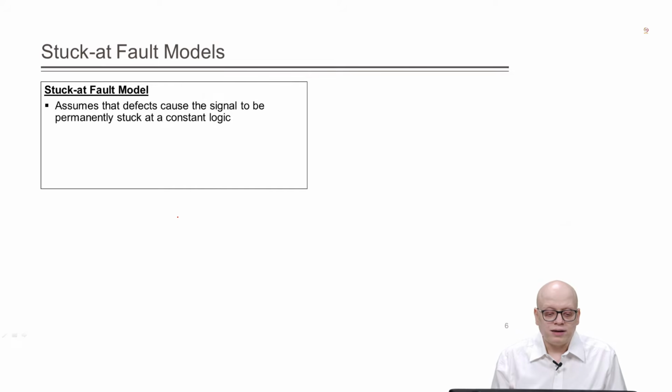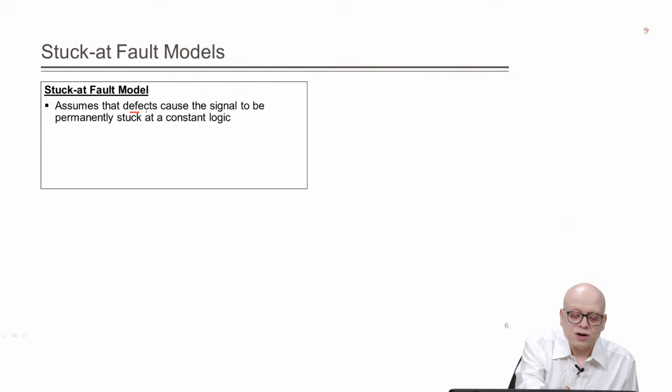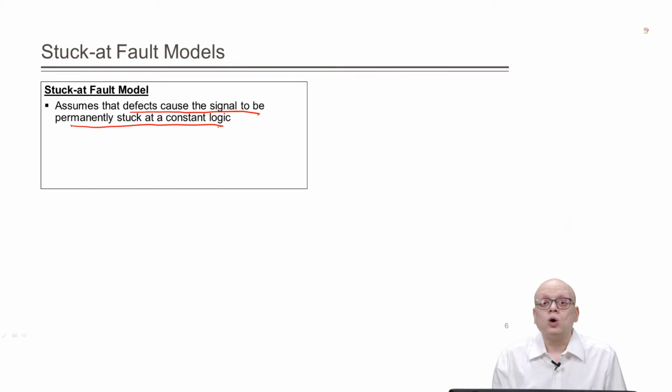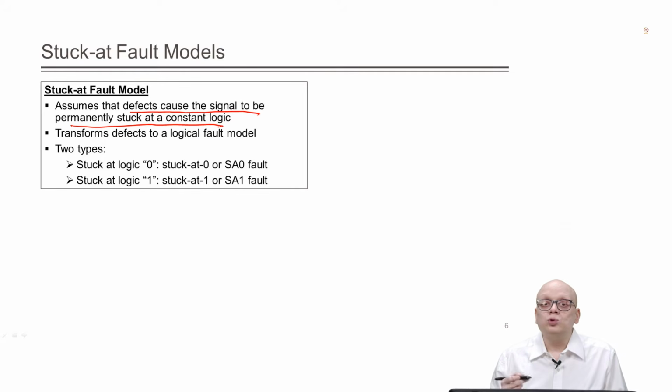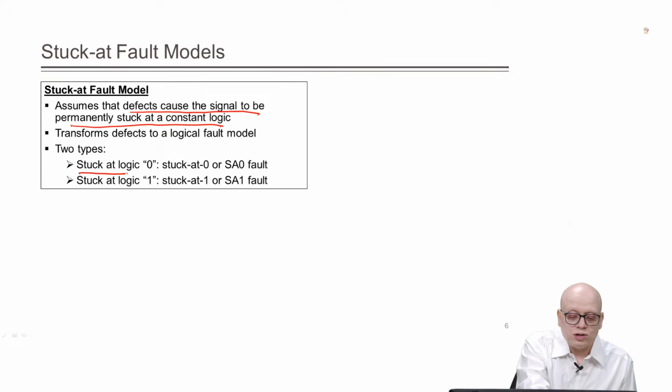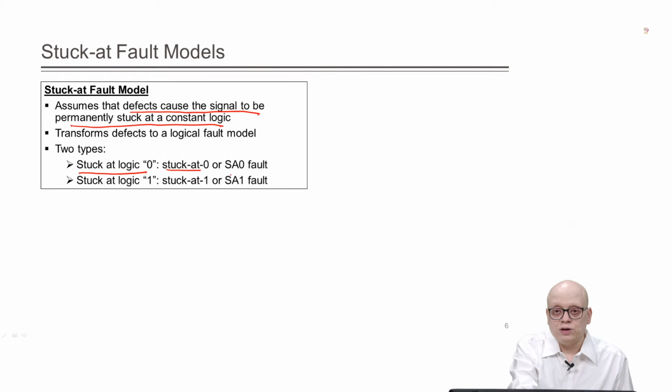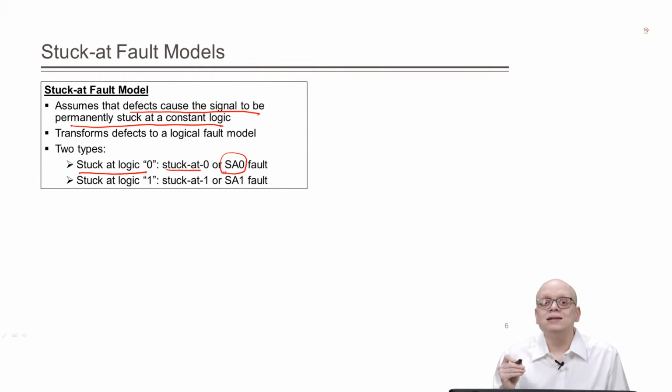Stuck at fault model assumes that defect causes the signal to be permanently stuck at a constant logic, right. It transforms the defect to a logical fault model, and there are two types of stuck at faults. The first one is known as stuck at logic 0 or stuck at 0, and we use the short form SA0 to say that a given signal is stuck at logic 0, right.